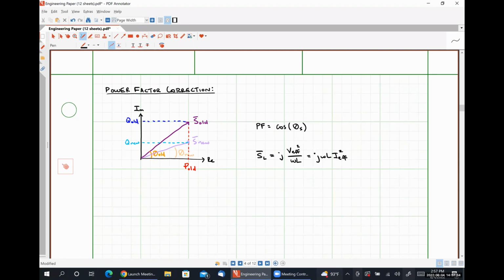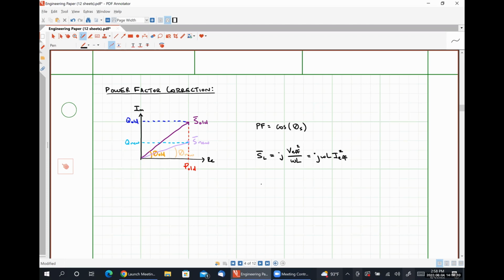So inductors absorb complex power. Okay. So putting an inductor into this system is actually going to cause the power factor to get worse.